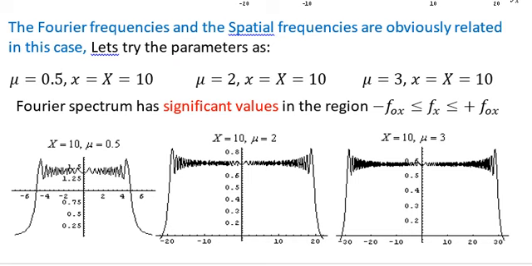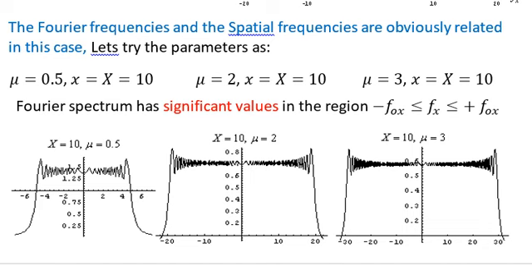Let's try the other parameters. So we are now going to try three parameters. Mu is equal to 0.5 and capital X is equal to 10 in the first case. Mu is equal to 2 and X is the same, equal to 10, in the second case, and mu is equal to 3 and capital X is equal to 10 in the third case.